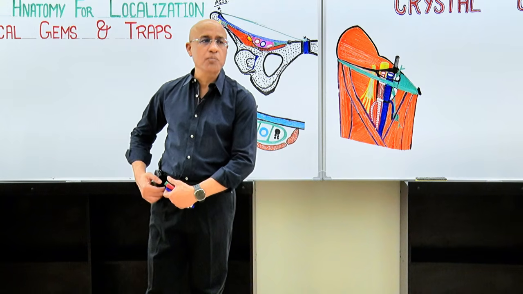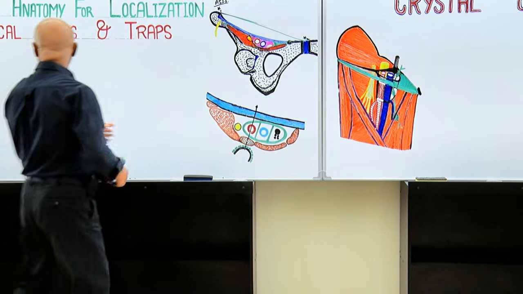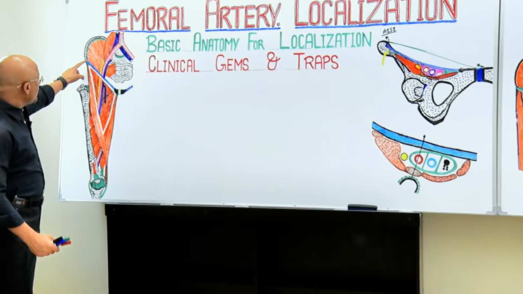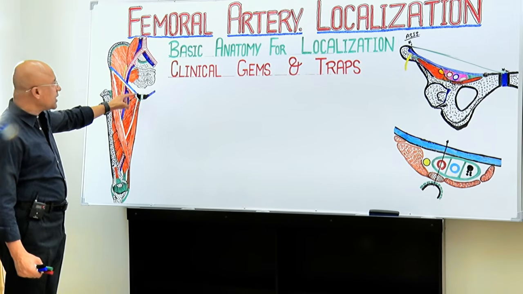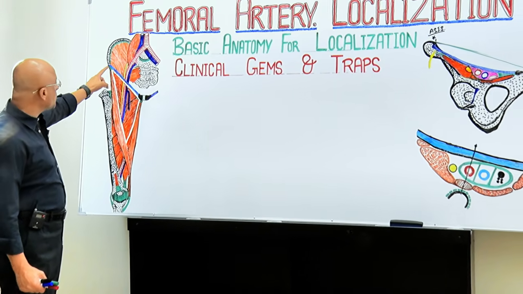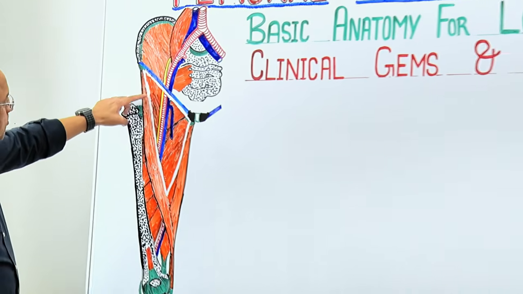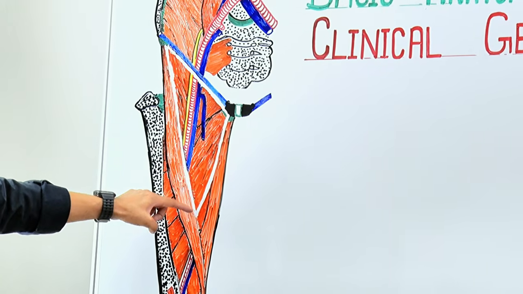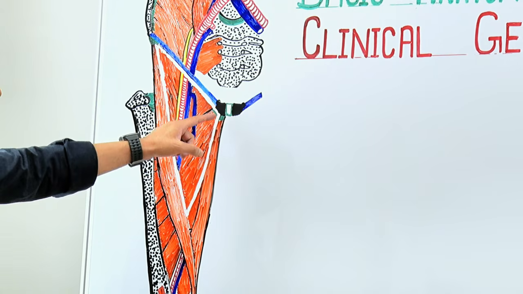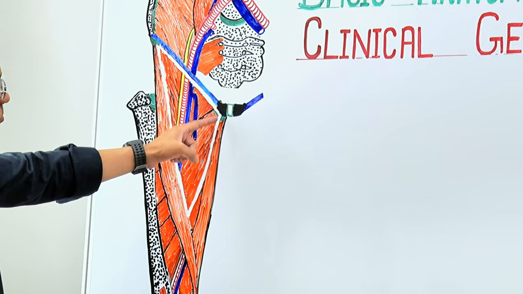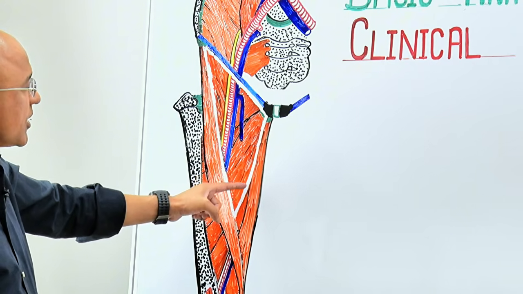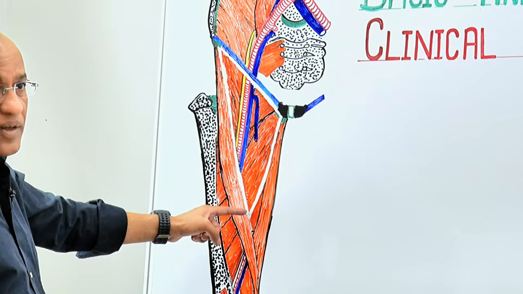You know, what are the femoral triangle borders? Superiorly, the border is the inguinal ligament, and laterally it is the medial part of sartorius, and medially it is the medial border of adductor longus, right?